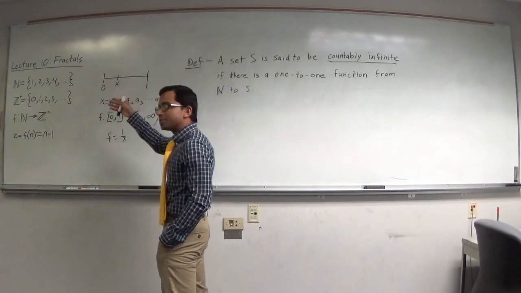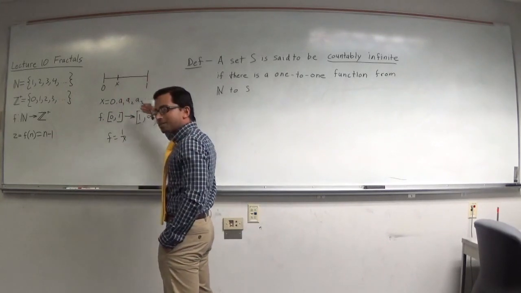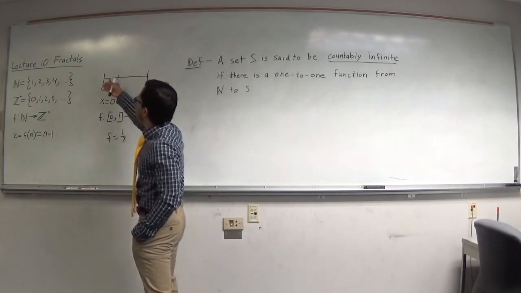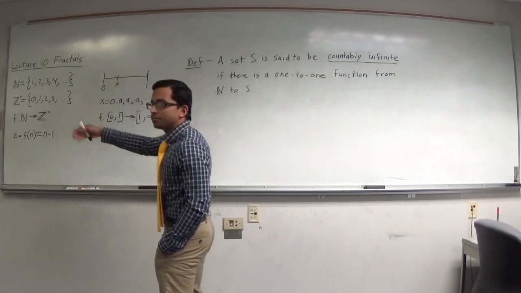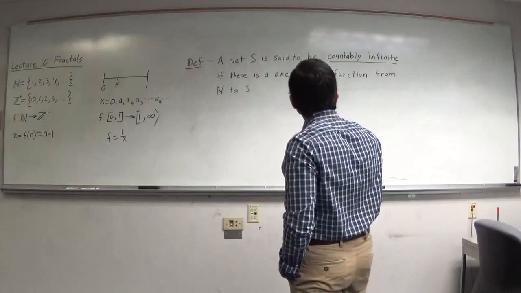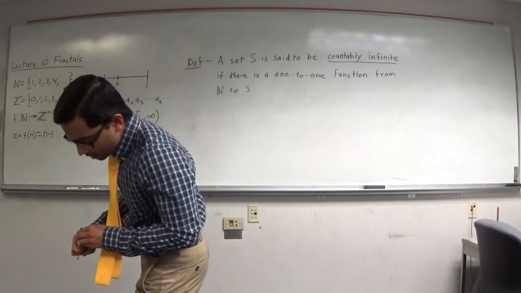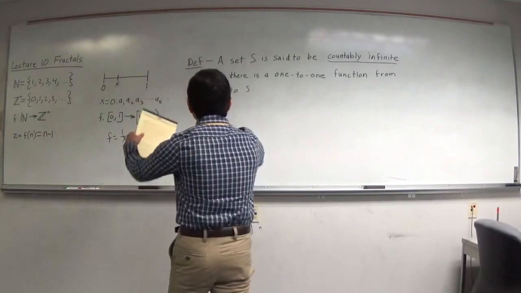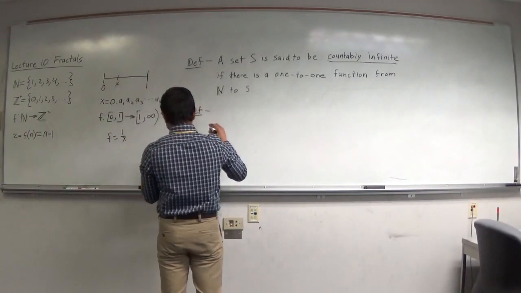Between any two numbers, you can find another number. So there is no next place. So you can't be sliding people here, because if you slide, then you get rid of infinitely many. So that's what it means to be countably infinite.